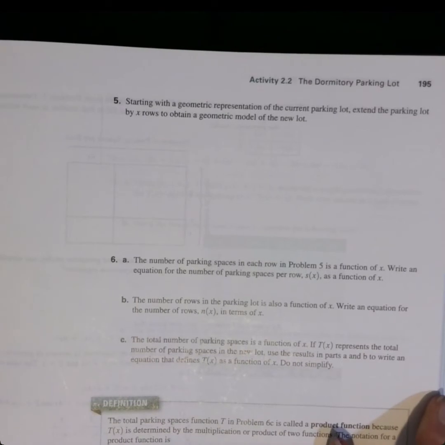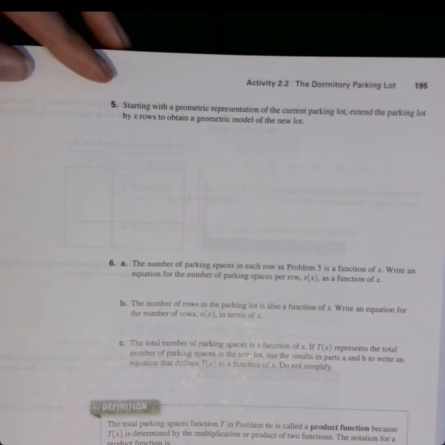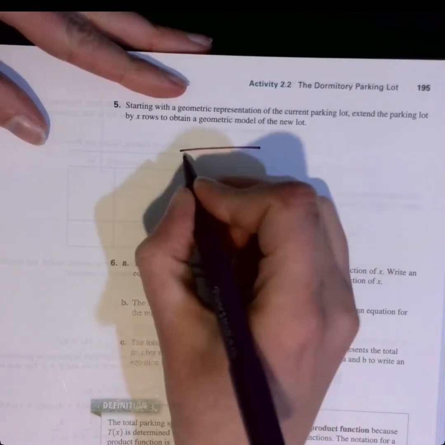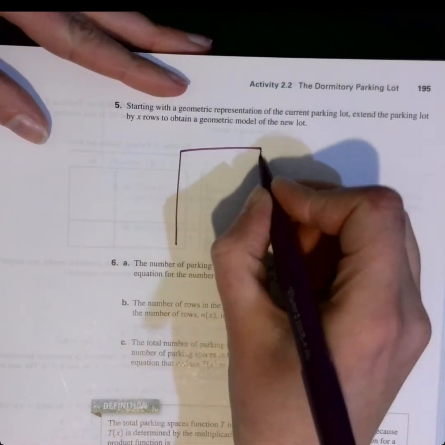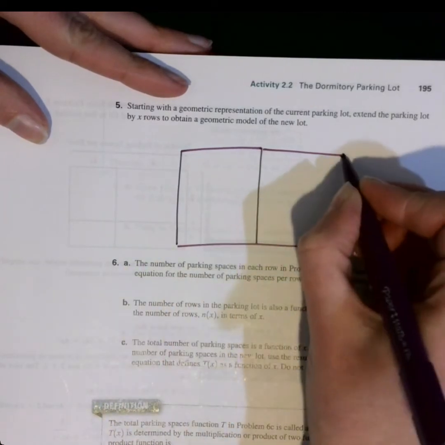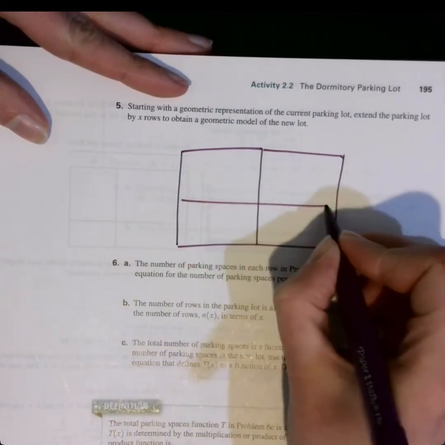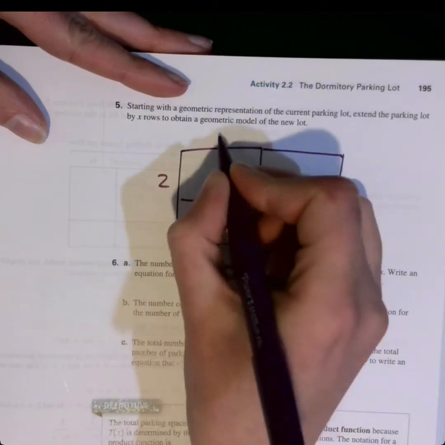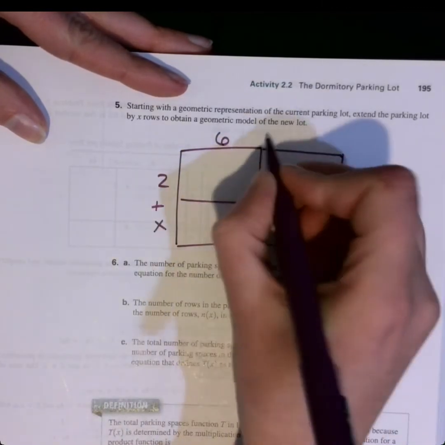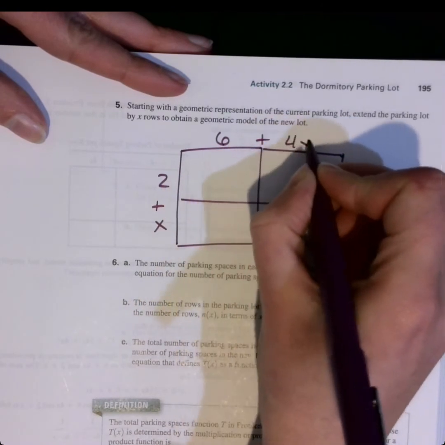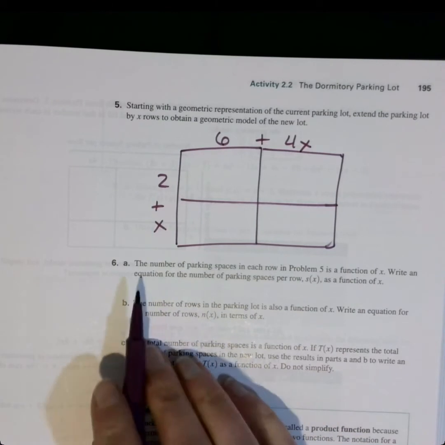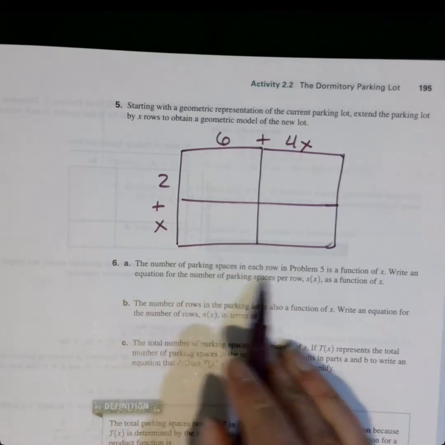Starting with a geometric expression of the current parking lot, extend the parking lot by x rows. I should just make this a little grid. Originally, I had 2 rows and 6 spaces. Now I have plus x new rows and plus 4x new spaces. The number of parking spaces in each row is a function of x.